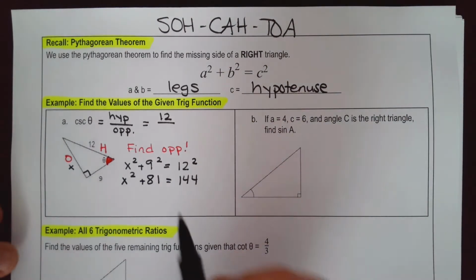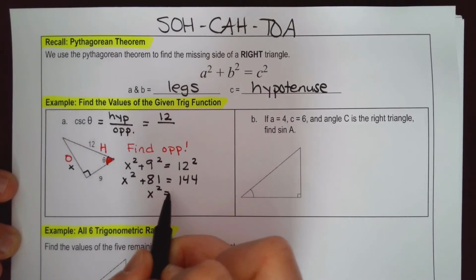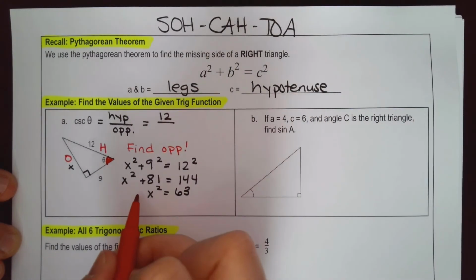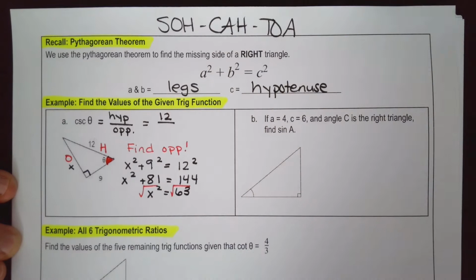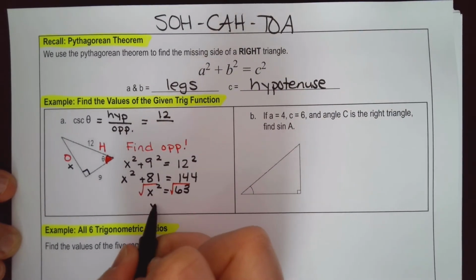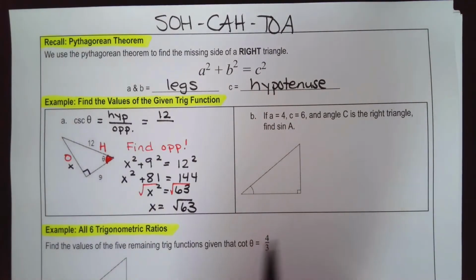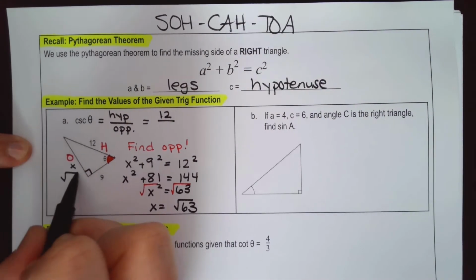So we have 63. So x squared is equal to 63. Then we take the square root, and we have x is equal to the square root of 63. So that is our opposite.